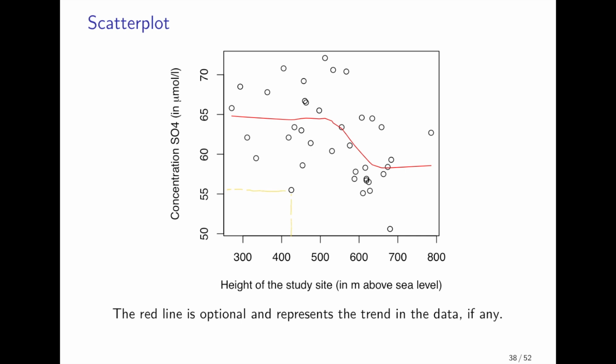This dot is a stream for which we have maybe, I'm just going to guess a number, 410 meters height above sea level and 56 micromolars of sulfate. So each dot in the plot represents one stream in our data set, or in general, one observation.